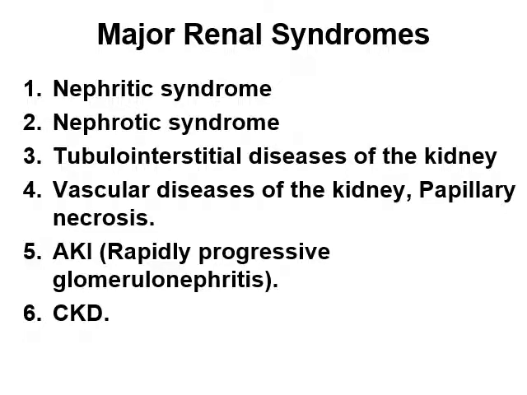Then the second is the tubulointerstitial disease of the kidney. Then the vascular disease of the kidney and papillary necrosis, which is another presentation. And the AKI, which could be related to multiple causes, the most famous being rapidly progressive GN. And lastly, CKD. So these six items are called the major renal syndromes.